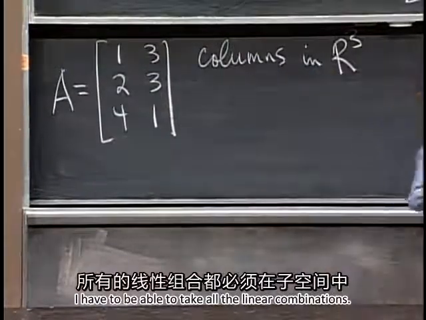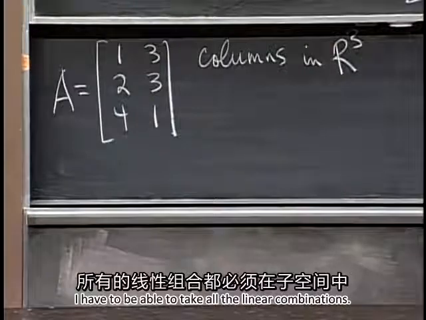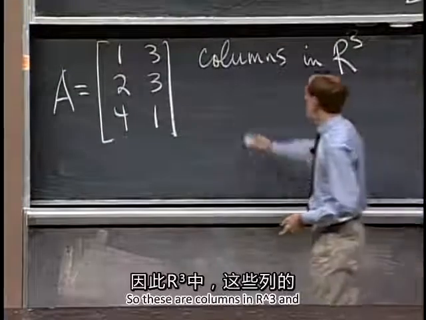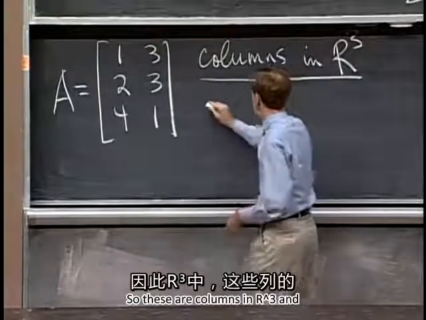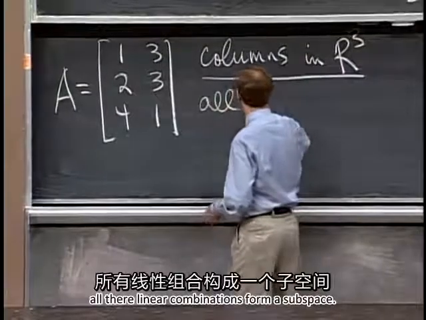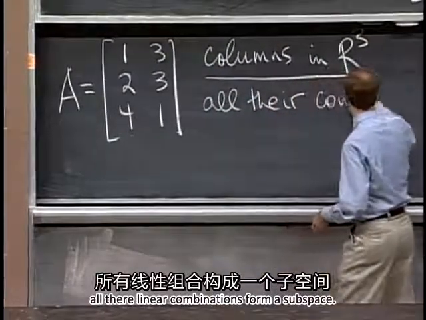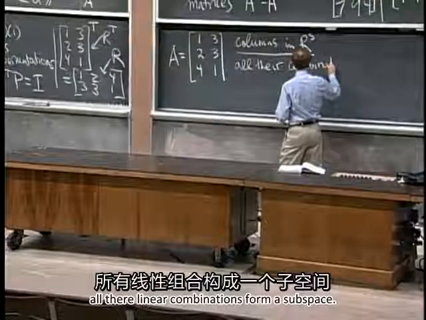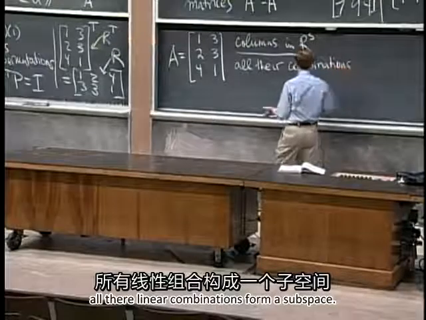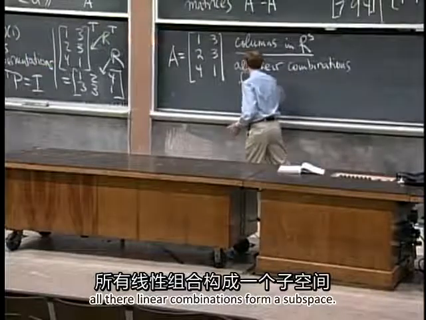I have to be able to take all the linear combinations. So these are columns in R3, and all their linear combinations form a subspace.